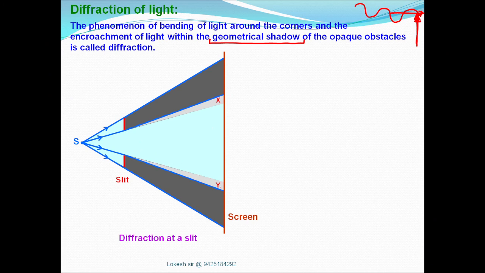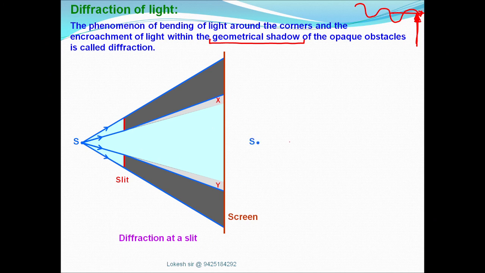This is called diffraction by a slit, diffraction at a slit. Clear? So now you can feel the definition: the phenomenon of bending of light around the corners means light bends here. This is the bending of light. So light bends here as a form of wave around the corners, and there is the encroachment of light within the geometrical shadow of the opaque obstacle, which is called diffraction.